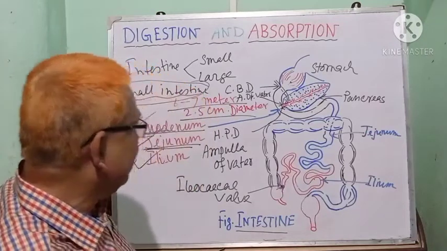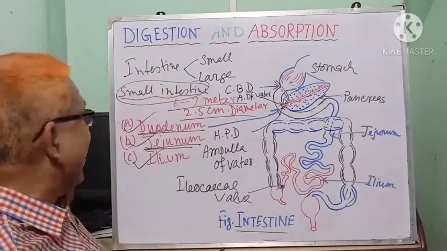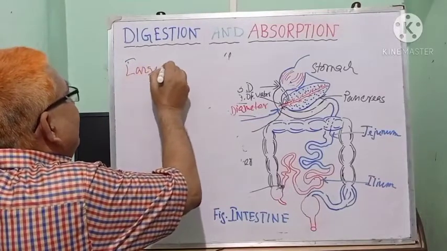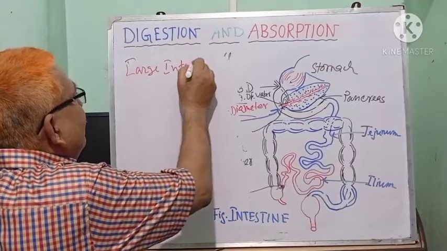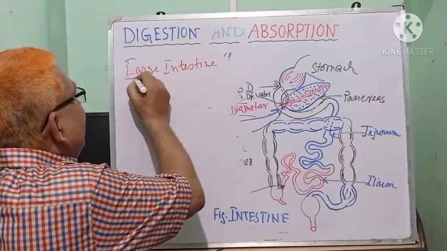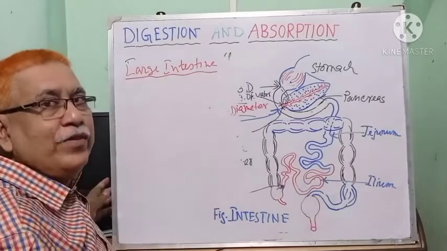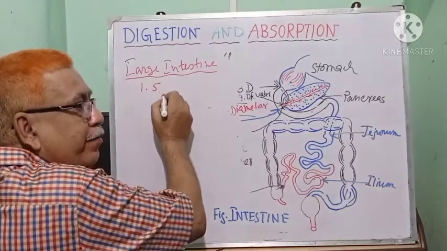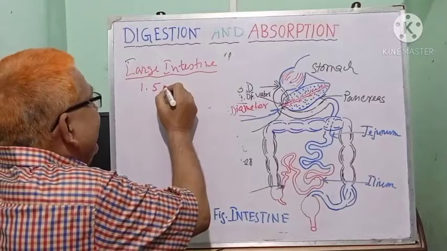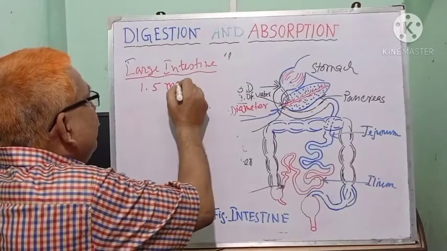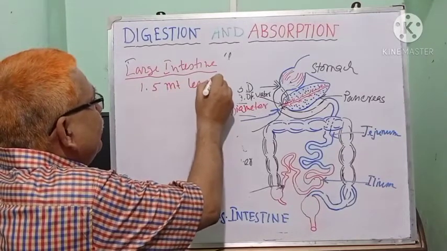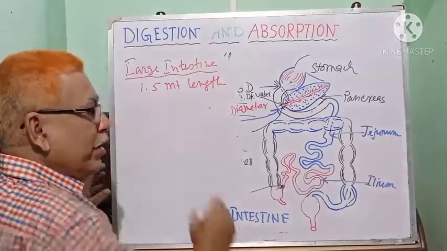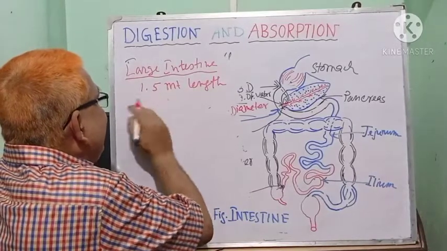And next, large intestine. Large intestine is about 1.5 meter in length, and its diameter is about 6 centimeter.